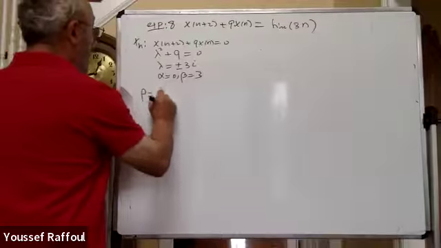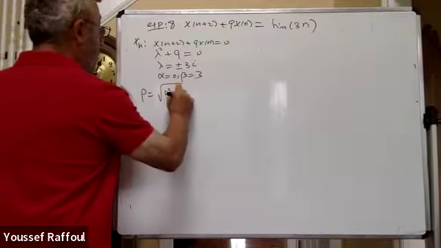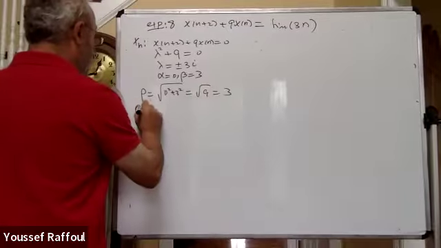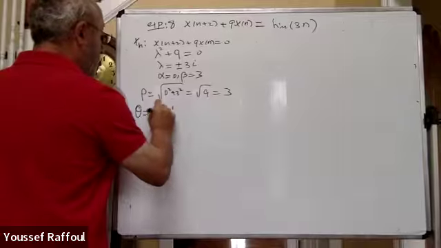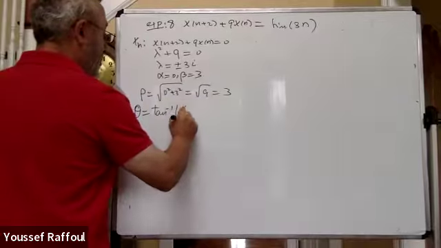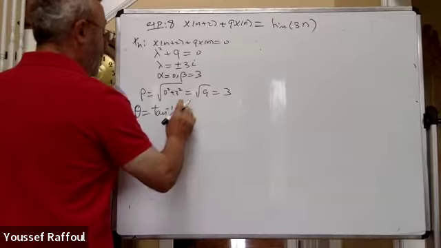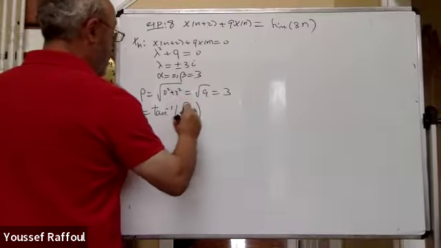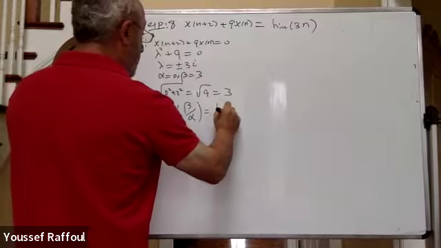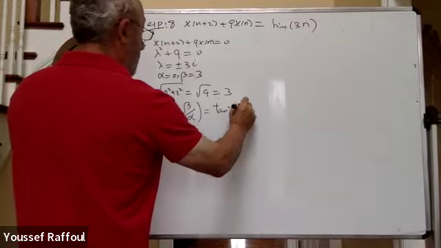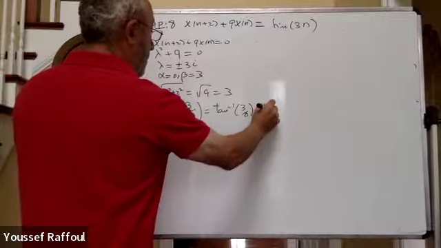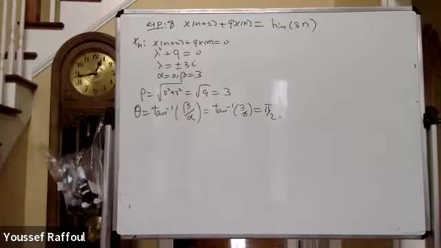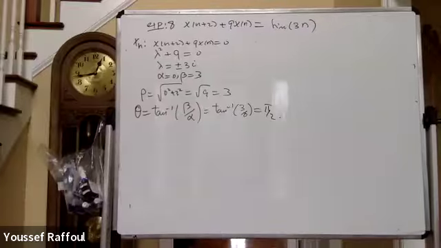So rho is the square root of 0 squared plus 3 squared, square root of 9, that is 3. And theta is tangent inverse of beta over alpha, tangent inverse infinity, that is pi over 2, because we know the tangent is not defined at pi over 2.